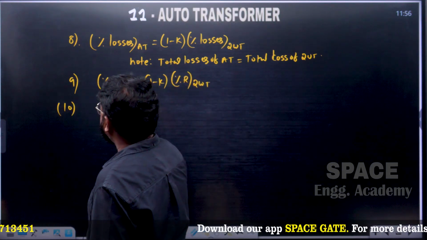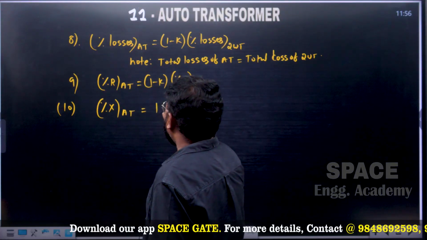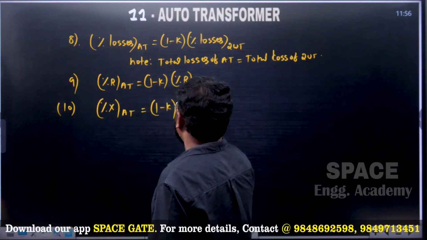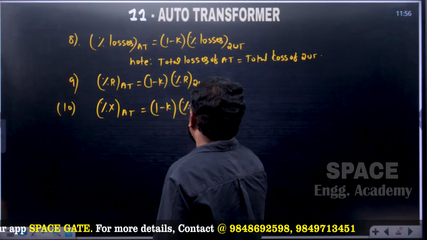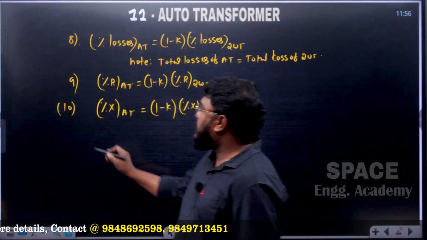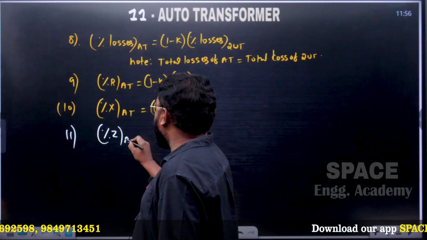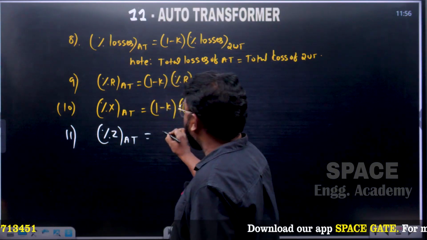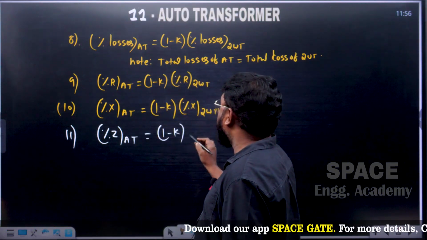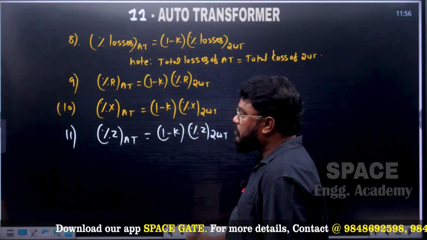And percentage reactance of auto transformer is equal to 1 minus k times percentage reactance of the two winding transformers. Look at this type of the question. And the next point, percentage impedance of auto transformer is equal to 1 minus k times percentage impedance of the two winding transformers.